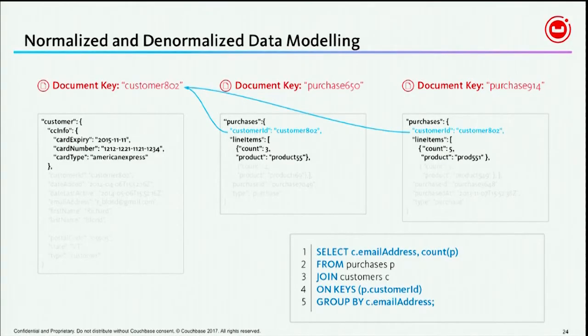Now, where the beauty of this all comes back around is with N1QL, we support joins. And that's relatively rare amongst other NoSQL databases. Within a single N1QL statement, you can join your purchase documents to your customer document and get back just the information that you're asking for. This query is saying, get all of the email addresses from the customer document, join it with all of the purchases and count them up, and then return that back to me grouped by the email address.